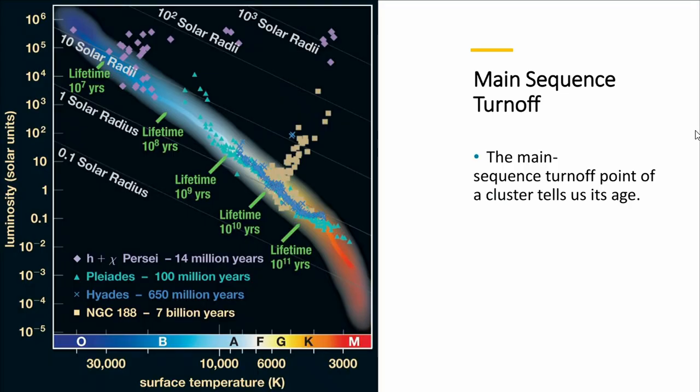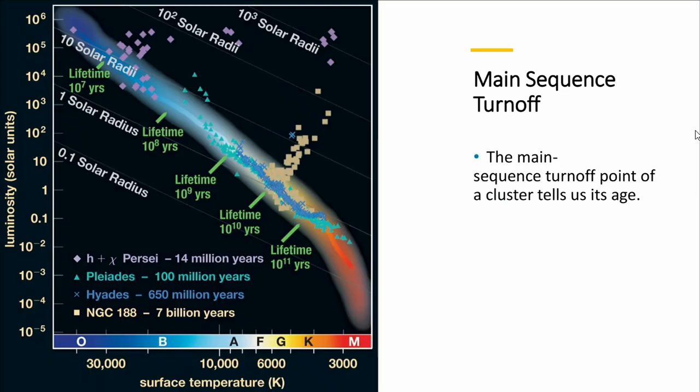All of the blue X's that were higher up in the HR diagram have already died. And then for these tan squares, you can see they're not all the way down the main sequence, but pretty far down. Any stars that were bigger have already died in the NGC 188 cluster, and now the stars that are evolving off the main sequence are the less luminous, less massive stars, which live longer, and so this cluster is 7 billion years old.